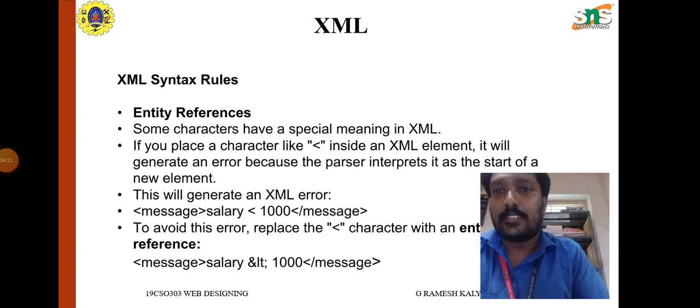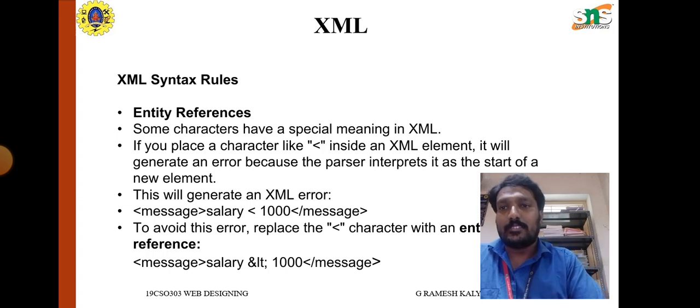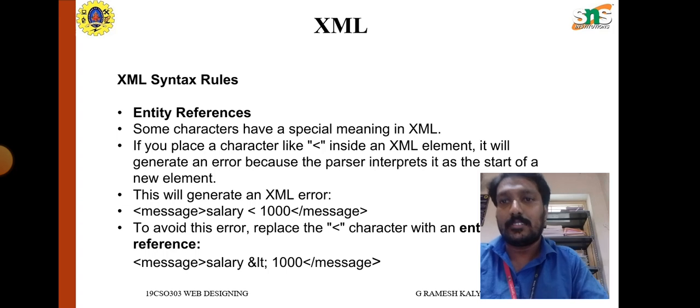Next is entity references. Some characters have special meaning in XML, so the less than symbol or the greater than symbol can be mentioned with an ampersand. For example, greater than can be written as &gt; and less than as &lt;. GT is the greater than symbol and LT is the less than symbol.